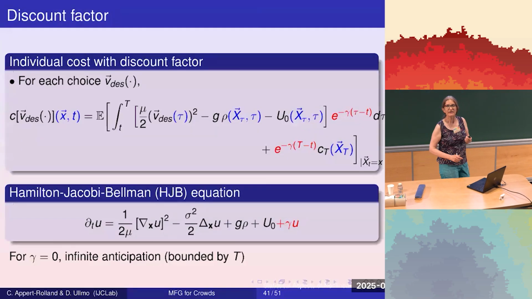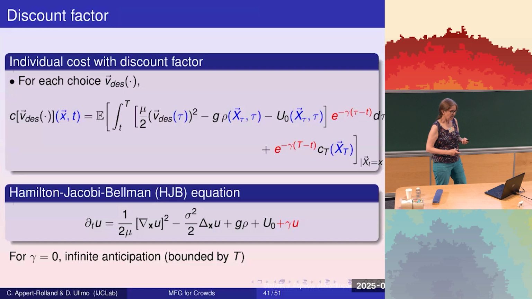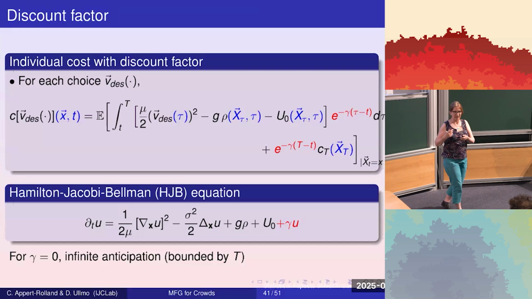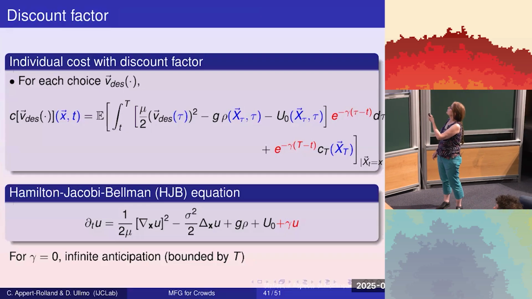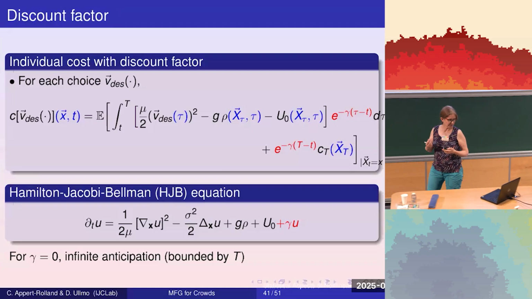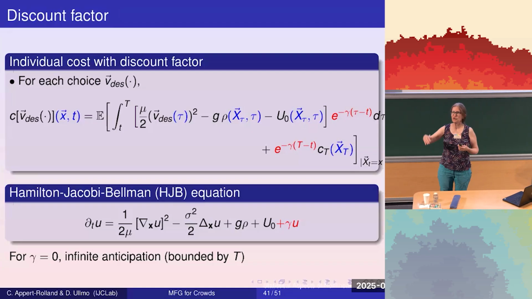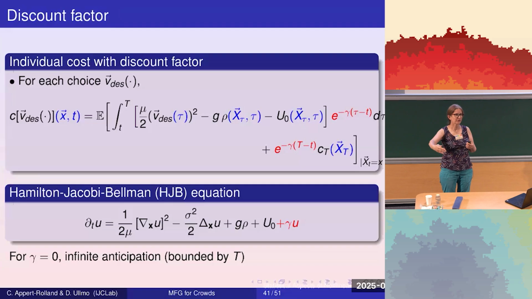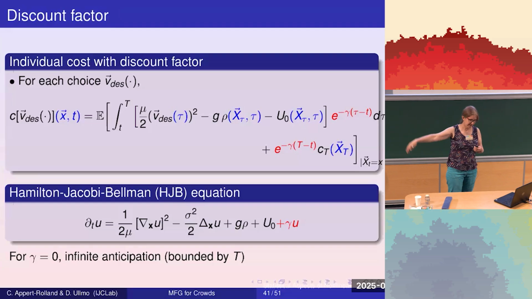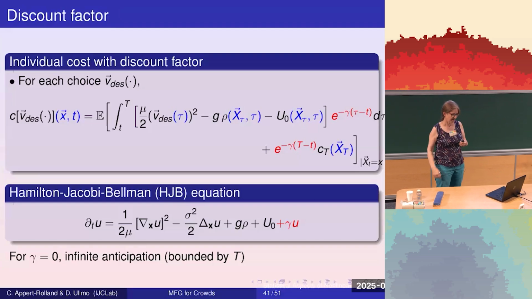So how can we put this in the model? Something which is quite classical is to put a discount factor. So the only difference with the previous case is this exponential in red. You say that the anticipation is very high when you are close in time, but as you are further in time, you will not take it into account for your optimization of the cost.